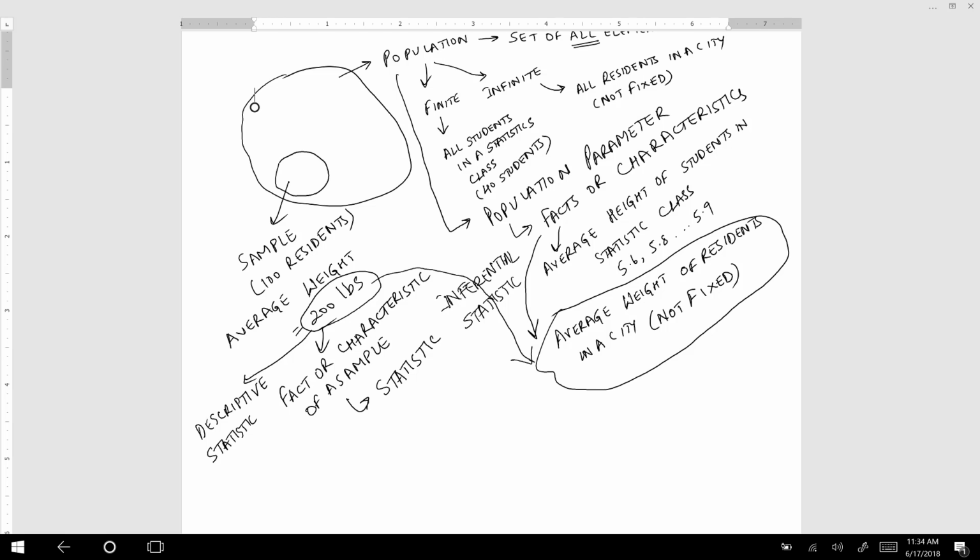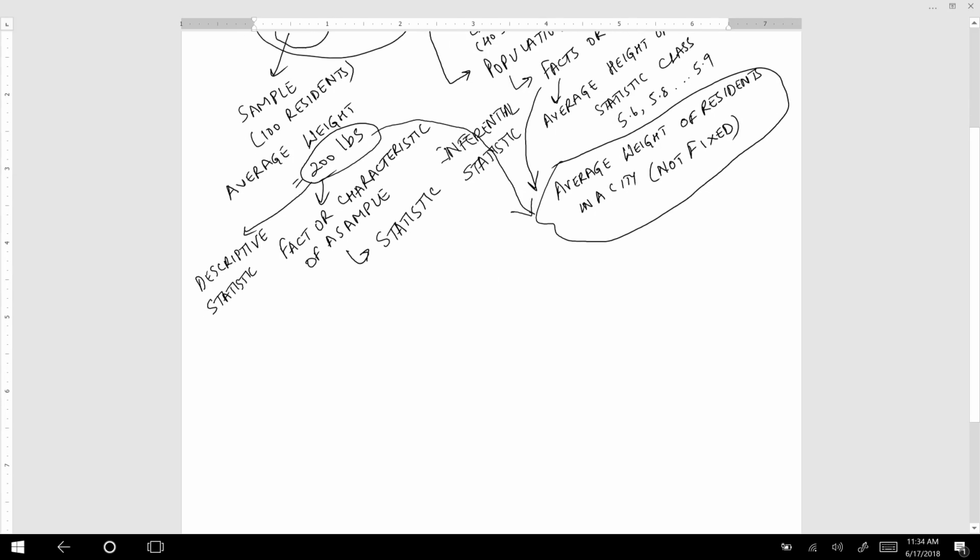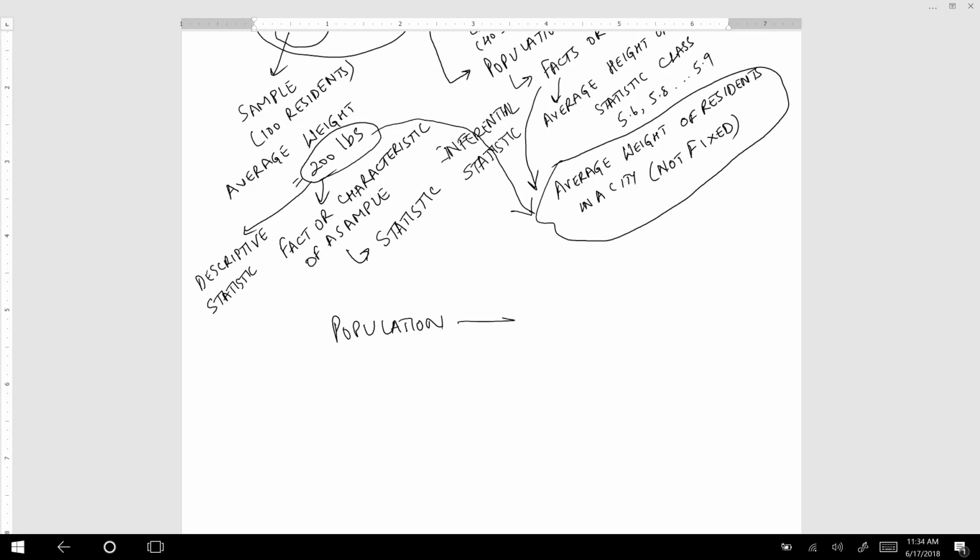So in this lecture, the main thing is you have a population. In our example, the residents, it's difficult to measure the weight of the residents. So we take a small sample, say 100 residents, and then we calculate their weight. That is the sample statistic, which in our case is maybe 200 pounds.